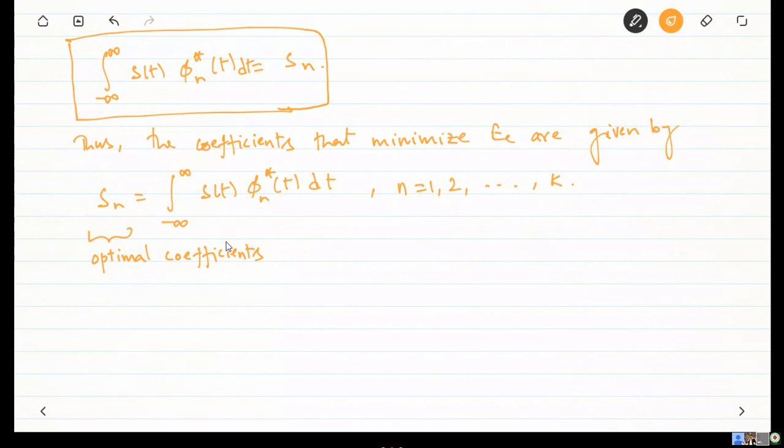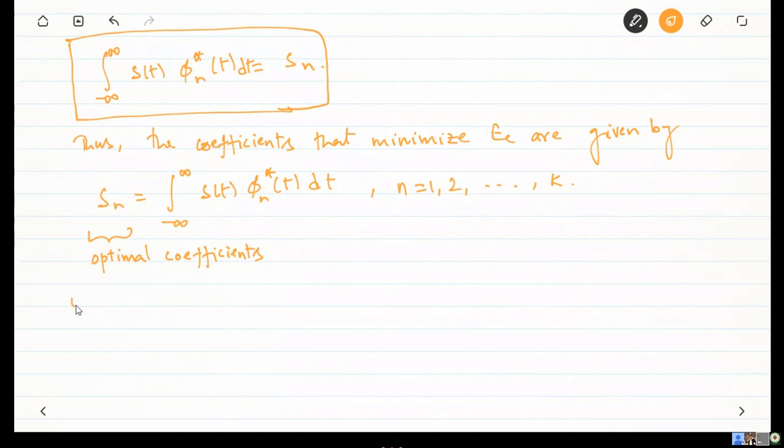They are optimal because they minimize the error energy. Fine. Now we found out what the values of these coefficients are that minimize the error energy. But with these optimal values of Sn, what will be that minimum error energy?